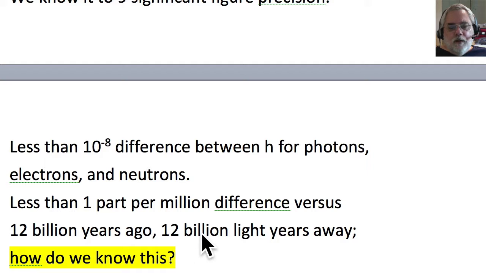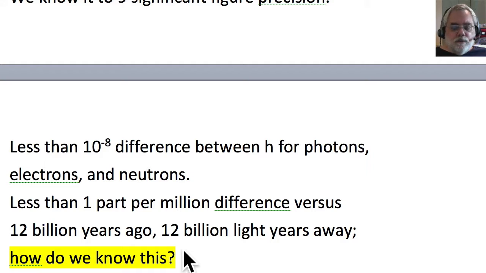So we can see from light from stars 12 billion years ago, and we can tell what atoms were in the outer gaseous skin of the star.